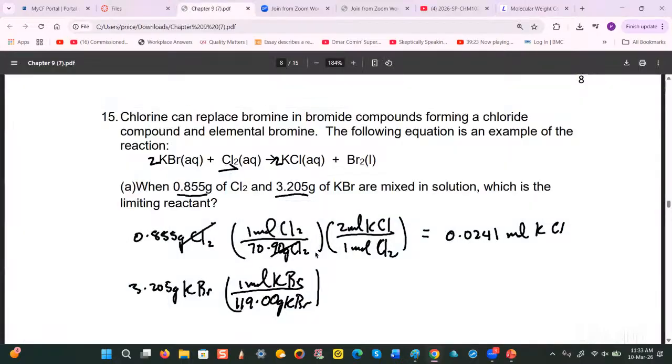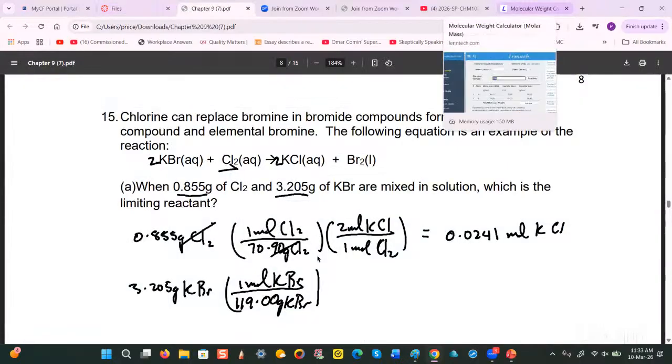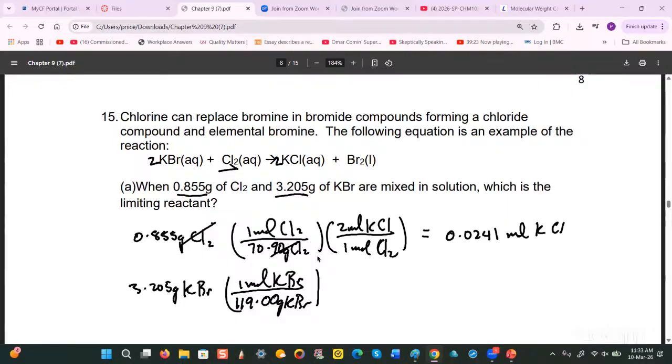The next step is going to be similar to what we did in the previous series. So now I'm going to look at the mole ratio this time between the KBr and the KCl. And you can see it's a 2-to-2 mole ratio. It's the same thing as 1-to-1. So 2 moles of KCl over 2 moles of KBr.